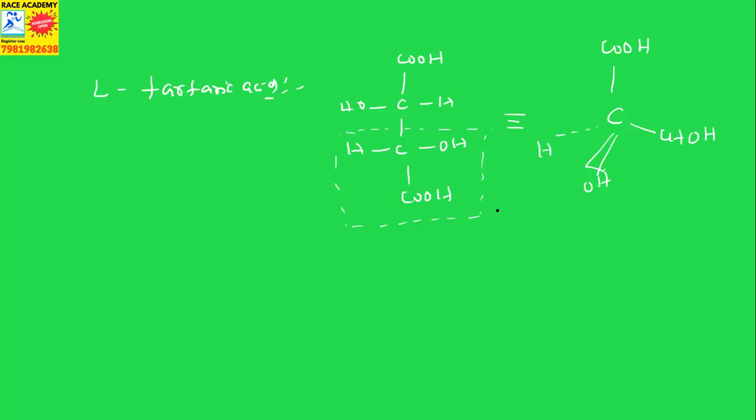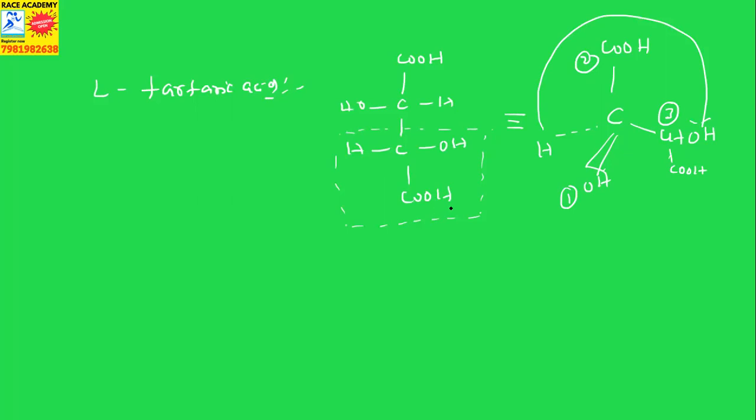This is H. Here to this one we have an OH attached. So if you give the priority, it will come like this: first priority will be given to OH, second priority to COOH, and third priority to CHOH, COOH.